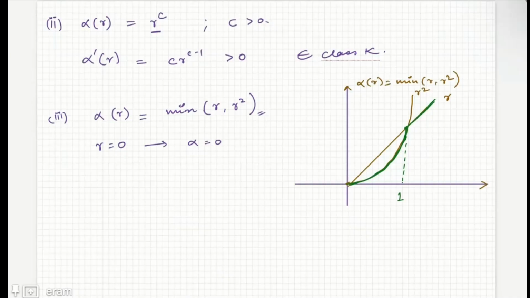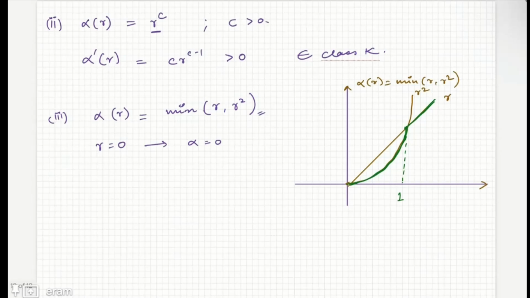But even if the function is not differentiable, it belongs to class K, because differentiability is not a condition for a function to be of class K. The only thing we need is that the function should be continuous over the defined domain.